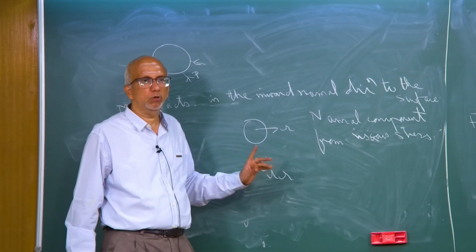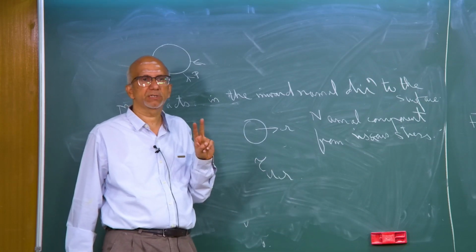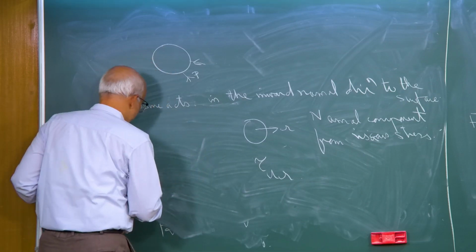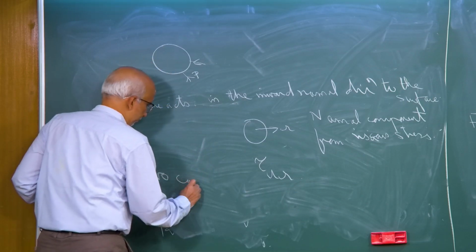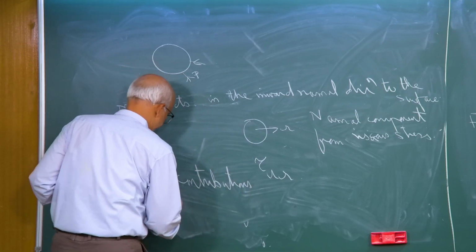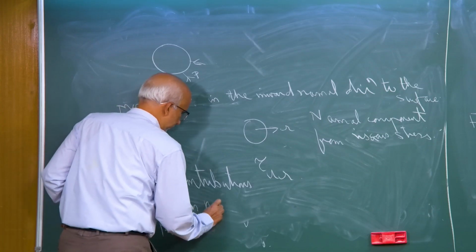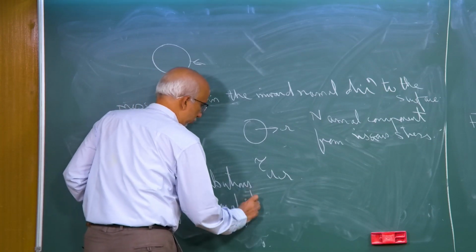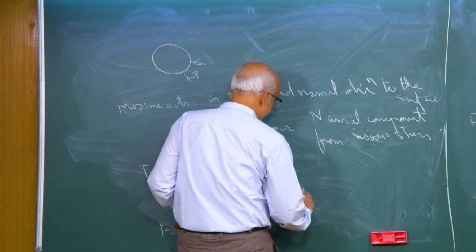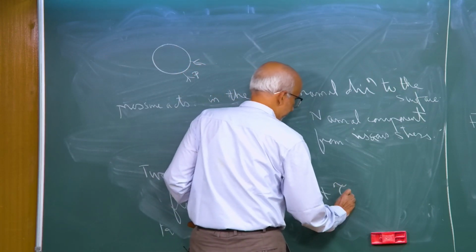Okay. So, there are two contributions to the normal stress, which is minus P plus tau r.